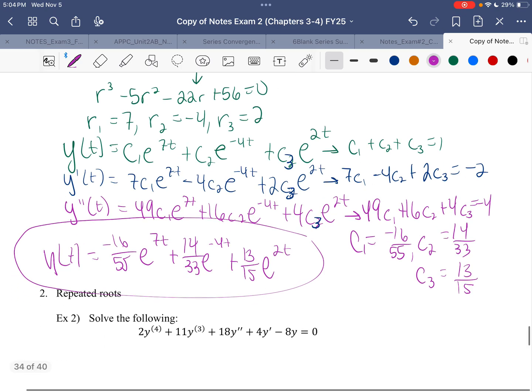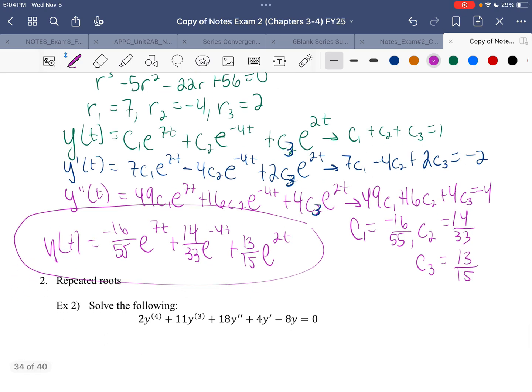Okay, when we do 2, we have repeated roots and no initial conditions, so we're just going to leave it with c's. When we solve this, we're going to get r1 is equal to 1/2, but r2, 3, and 4 are equal to negative 2. That means you have a multiplicity of 3.